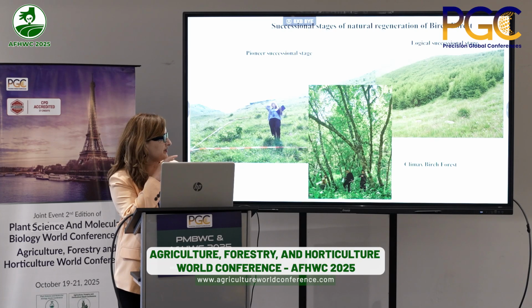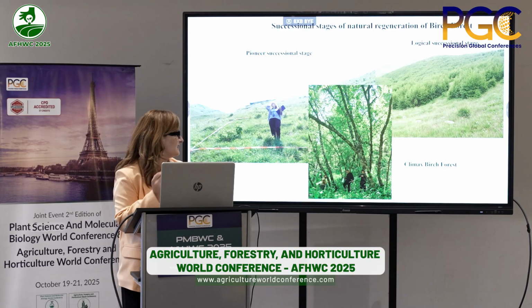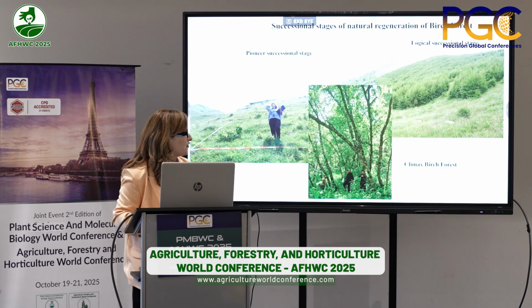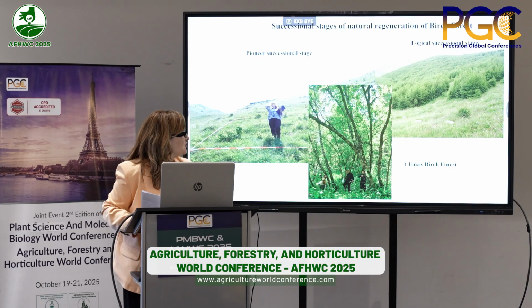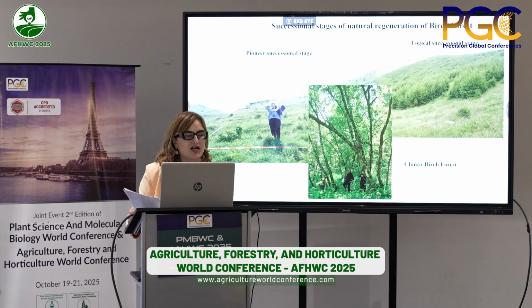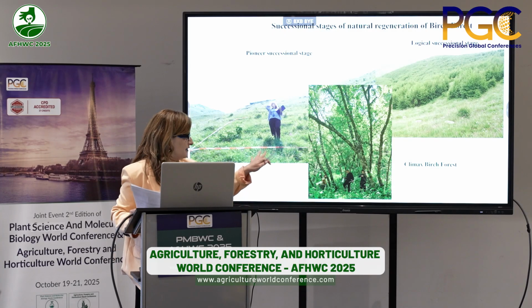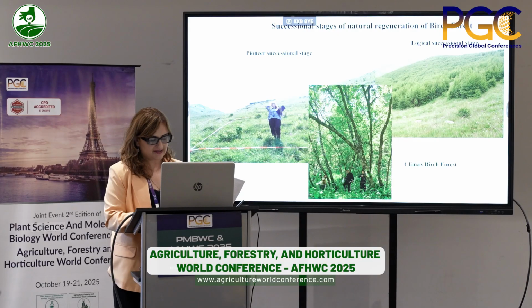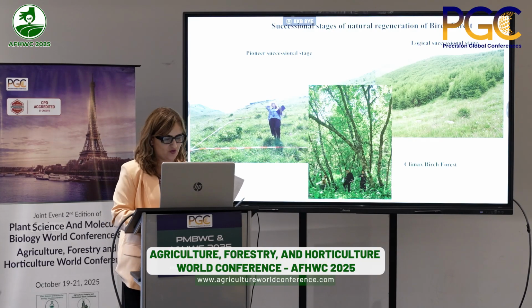It is a temporary forest. And the third one is climax birch forest, primary forest, which is a protected area, so there is no anthropogenic influence. It is a very good, safe forest.